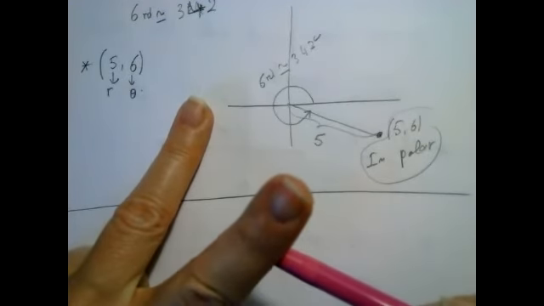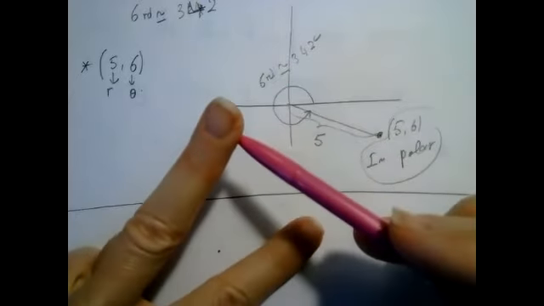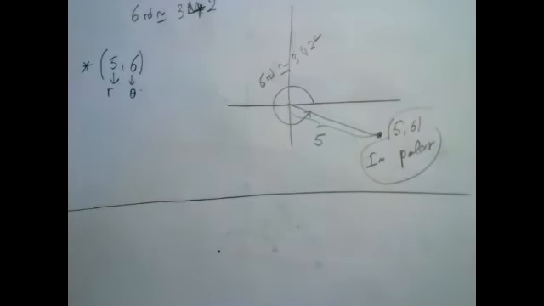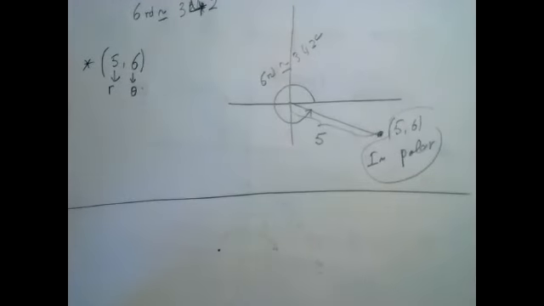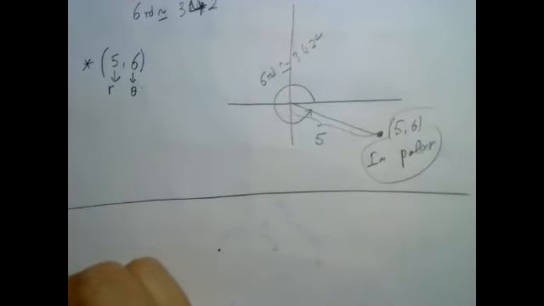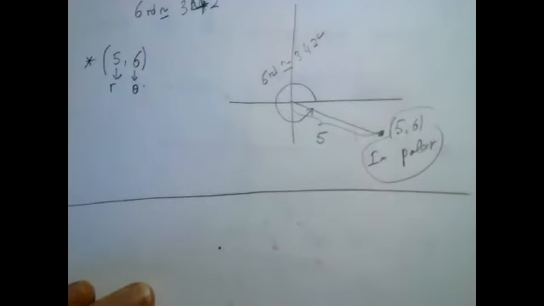It has an x and y coordinate, and it has an r theta coordinate. And the question now is, if I know r and theta, can I find x and y? And if I know x and y, how can I find r and theta? You have to go back and forth between those 2 coordinate systems.